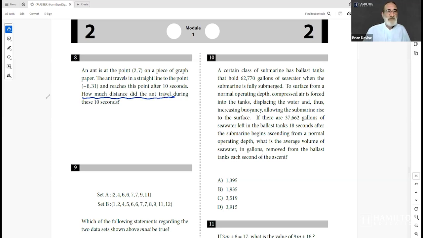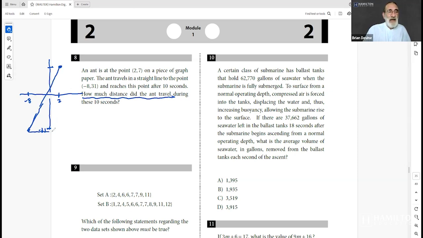I could graph them and see. I mean, that's not too hard to do. I got to be relatively accurate. But if I'm at 2, 7, I'm up here. And then if I'm at -8, and we'll say this is 31, I'm up here. And so I would have gone that distance.